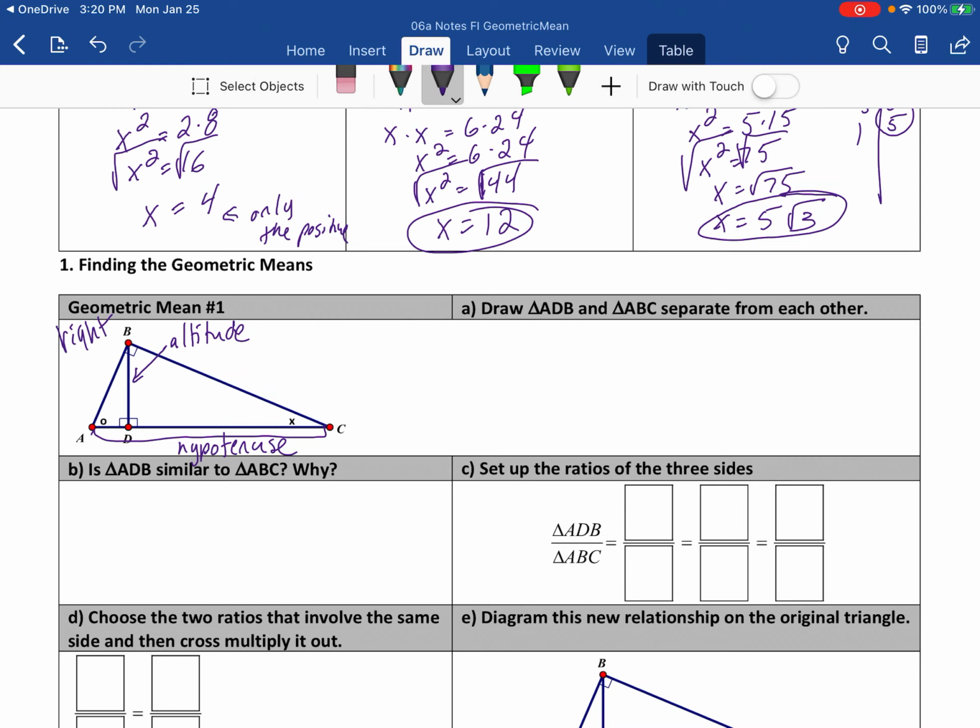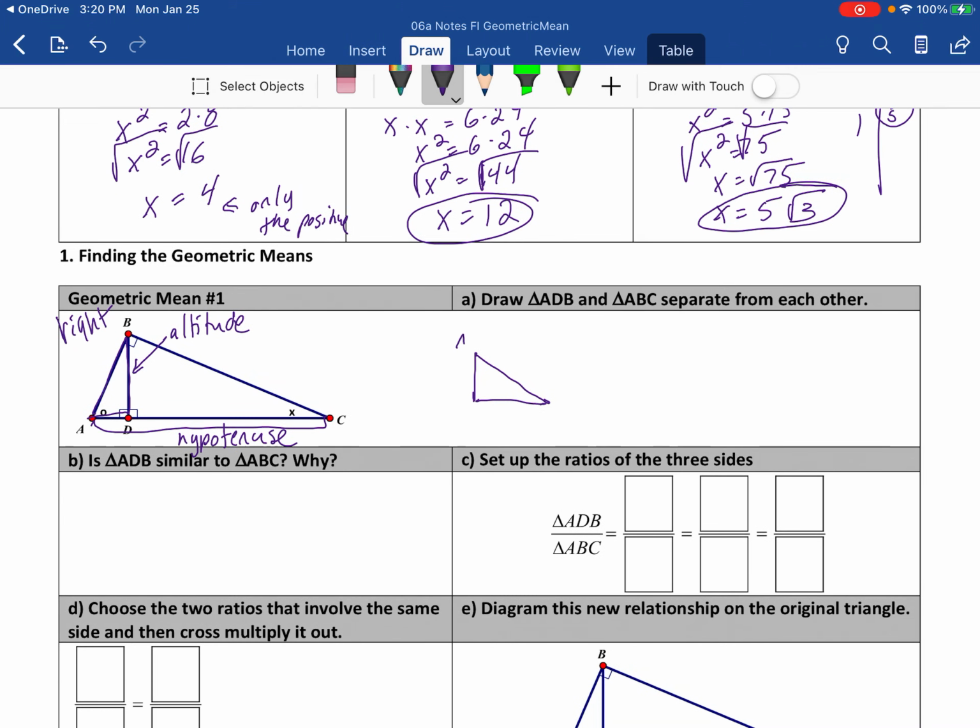So first thing I ask you is to draw the triangles ADB and ABC separately. Because what I want you to realize is, well, I'll draw it ADB. So ADB, that's this little triangle here. So A, D is where my right angle is, and then B, A had a little circle in it.